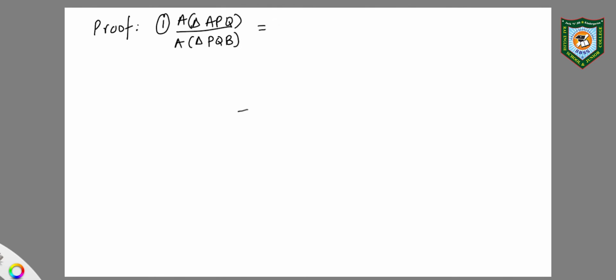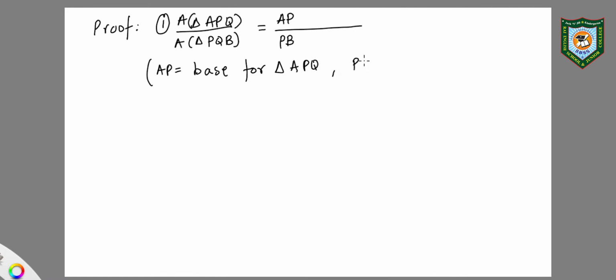Now in this case what I am assuming is that AP is my base for triangle APQ, and for PQB my base is going to be PB. So in case 1, AP is equal to base for triangle APQ and PB is equal to base for triangle PQB.